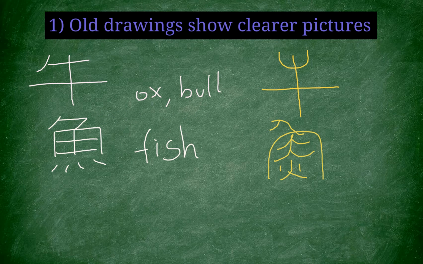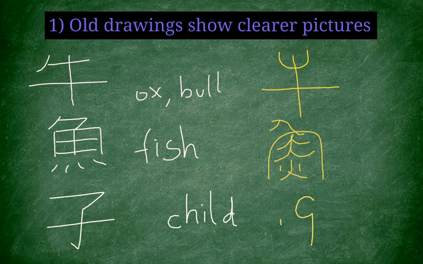And then let me give you one last example of how old drawings show a better picture. Here, as you may guess, this character means a child. In the old meaning, this character was drawn as such, and it meant newborn. Why?